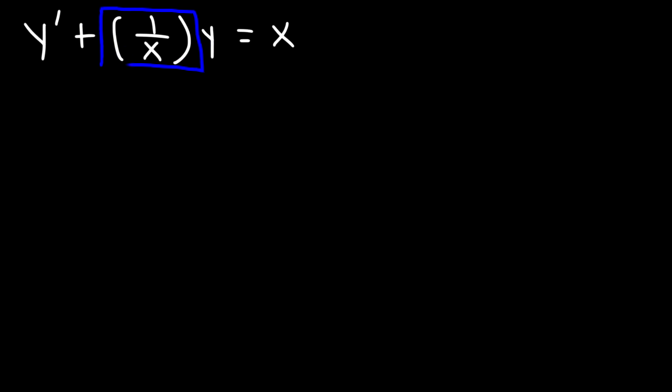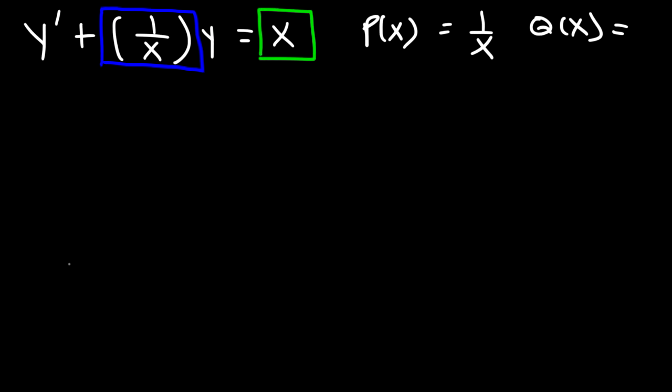So we can see that p of x is 1 over x, and q of x is equal to x. So now let's determine the integrating factor, which is e raised to the integral p of x dx.